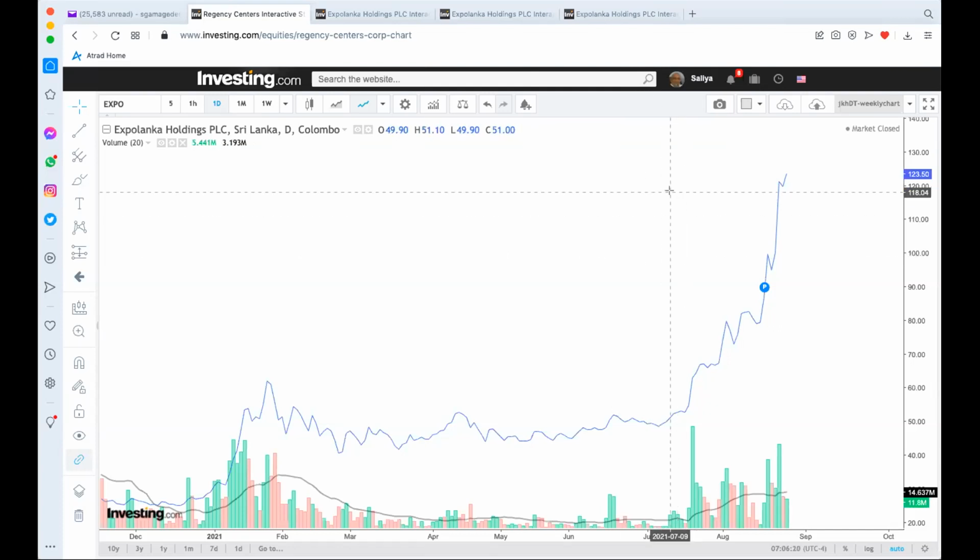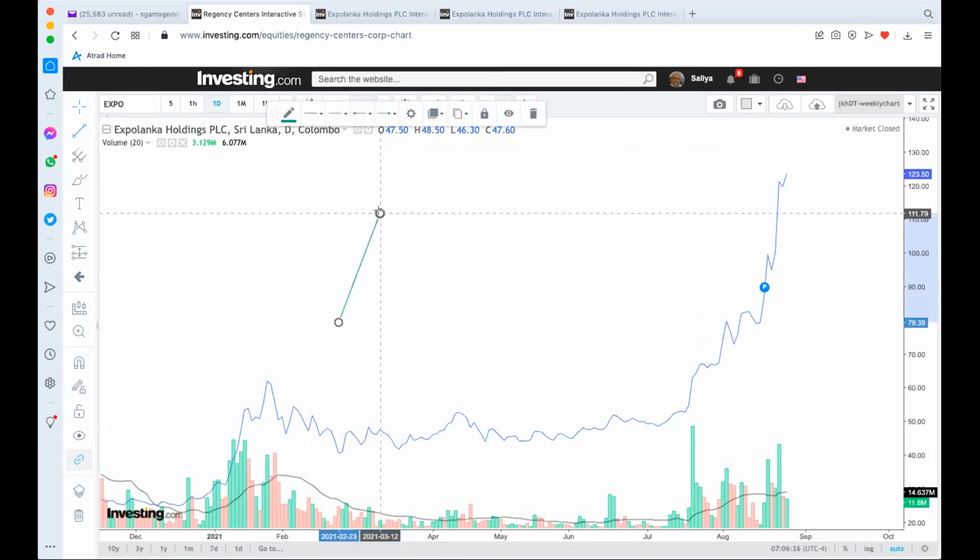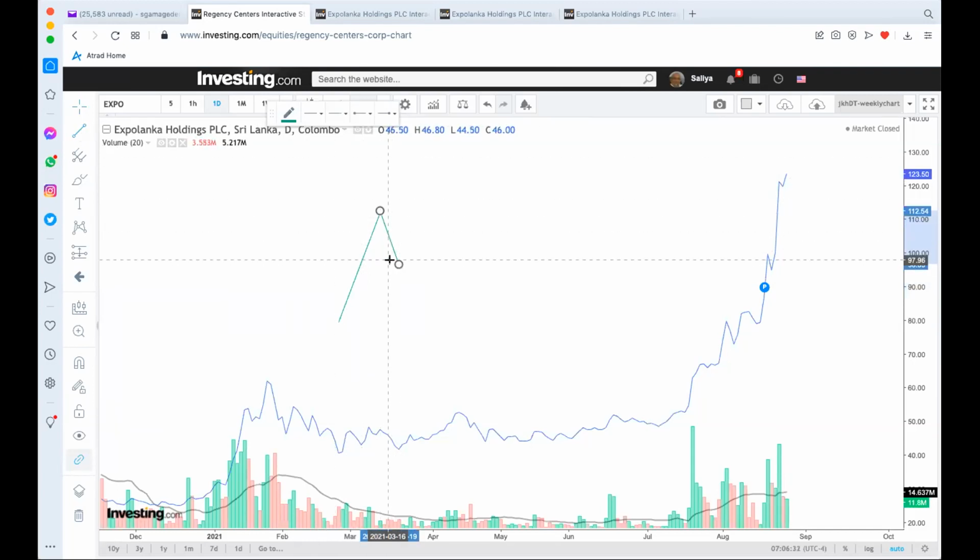Meaning there is a rally like this. Then there is going to be a reversal. Once again, a rally. Then we are expecting another reversal to take place.